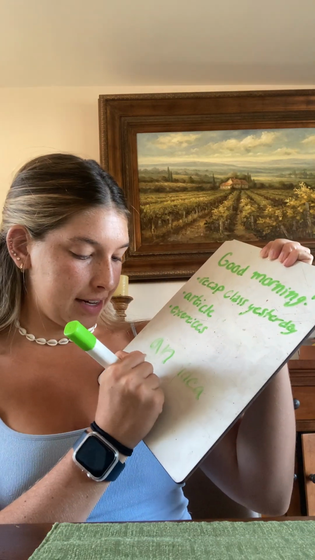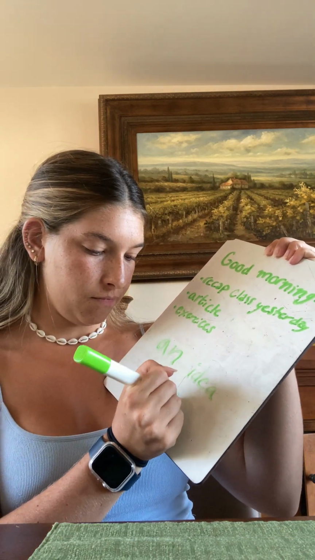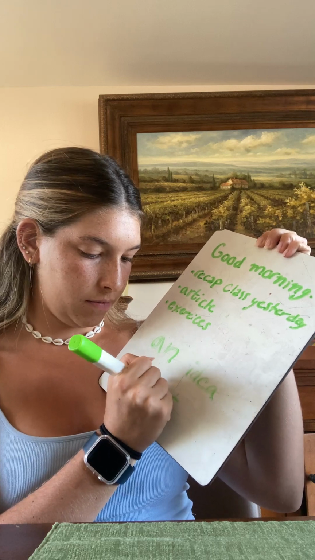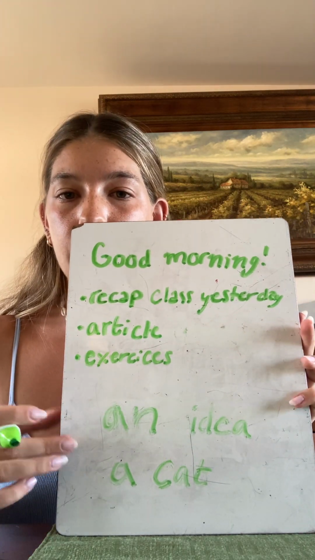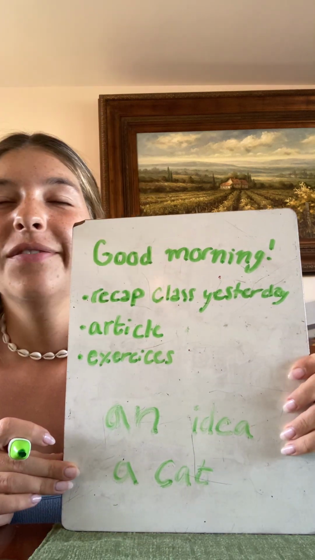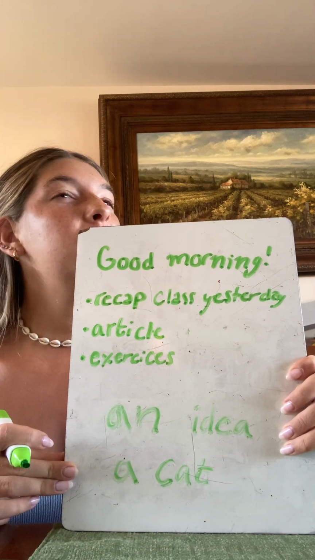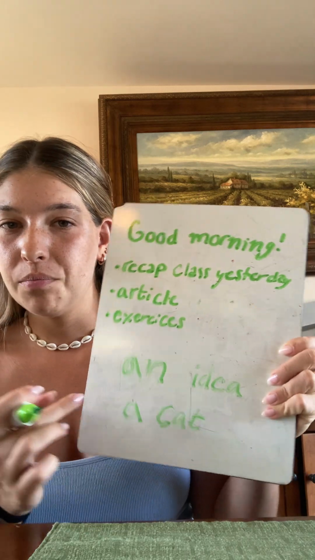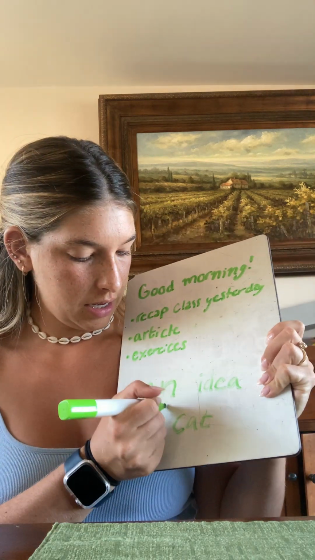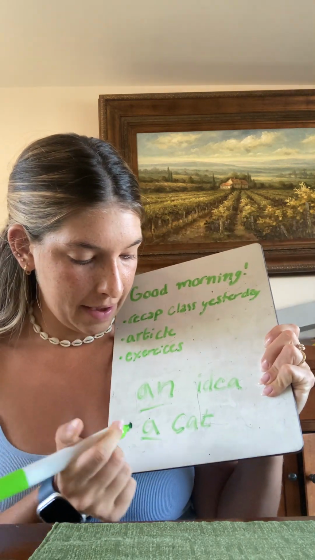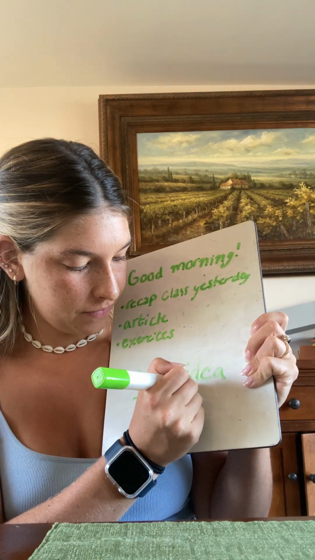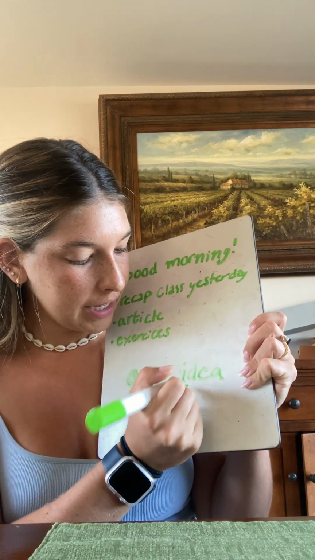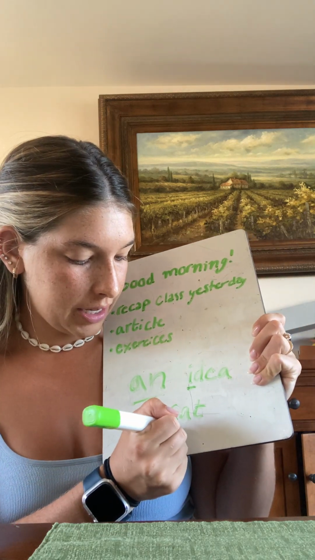"A cat." Now that you see the difference between the two examples, are you able to guess the logic behind using "an" or "a"? I'll give you a little hint. If I underline the I here and underline the C.